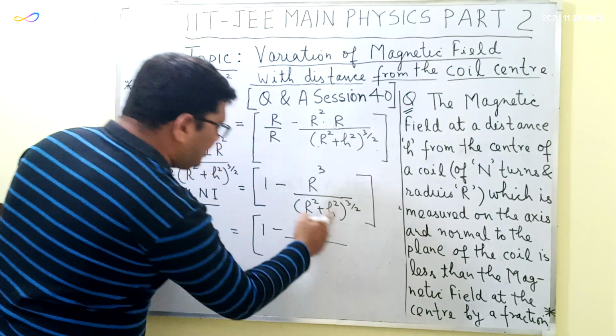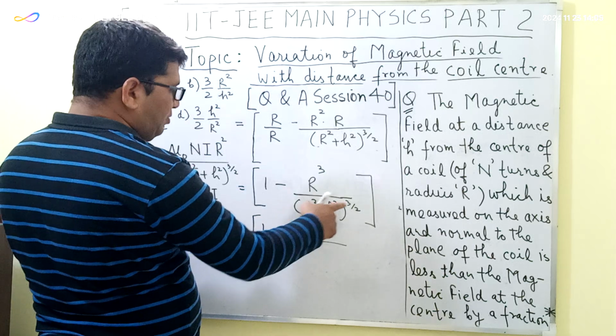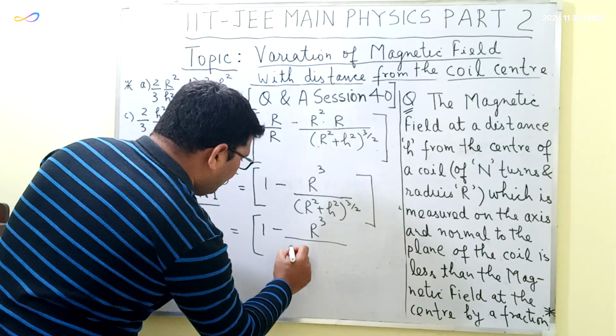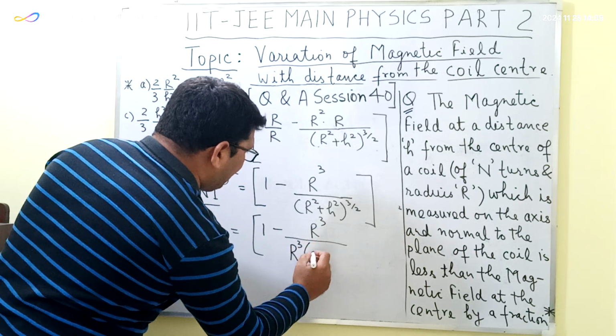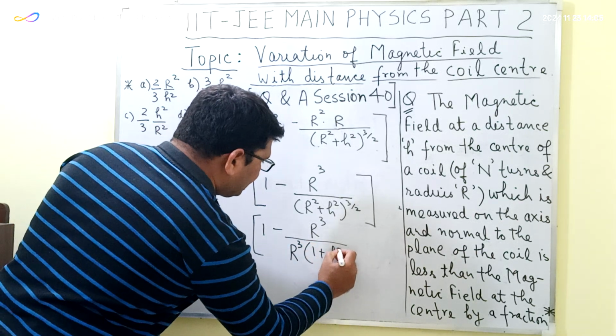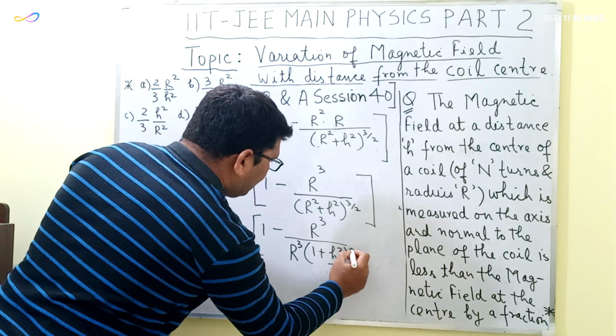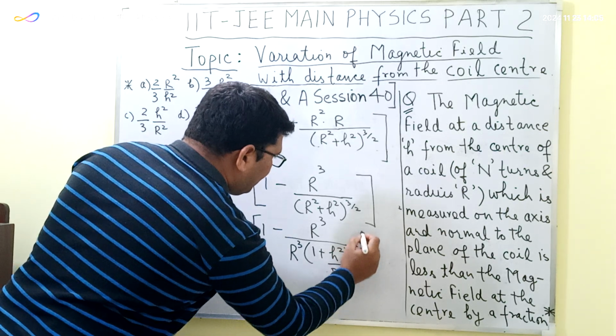Now here I am taking r square as common, so this will be r square to the power 3 by 2, so this will be equal to r cube, and in bracket I will be getting 1 plus h square divided by r square to the power 3 by 2.